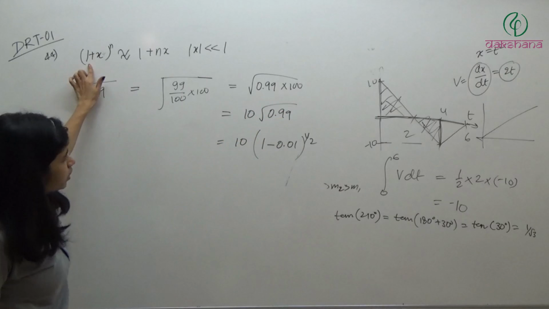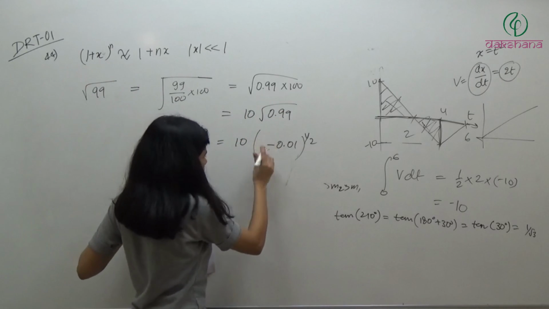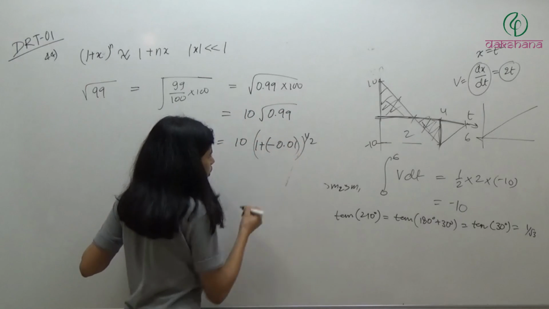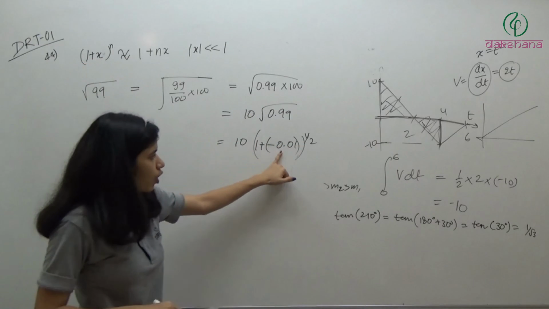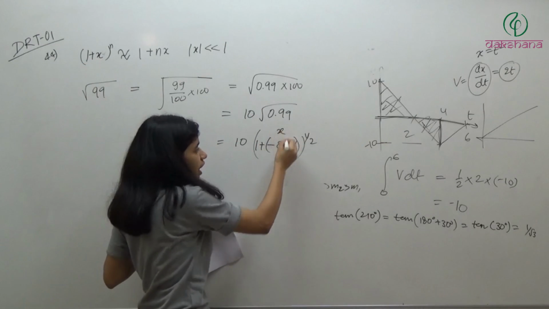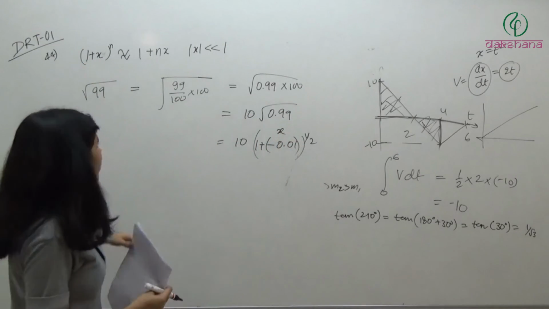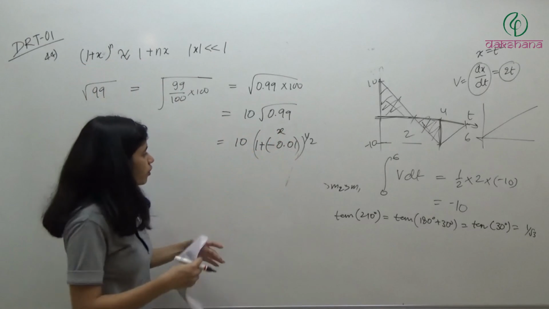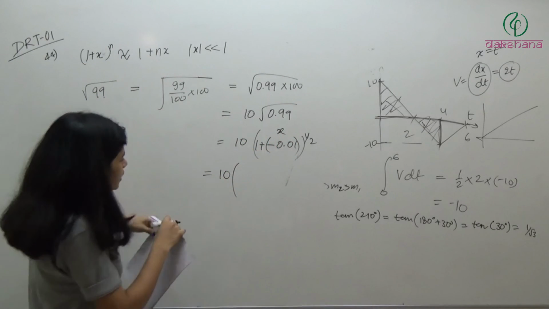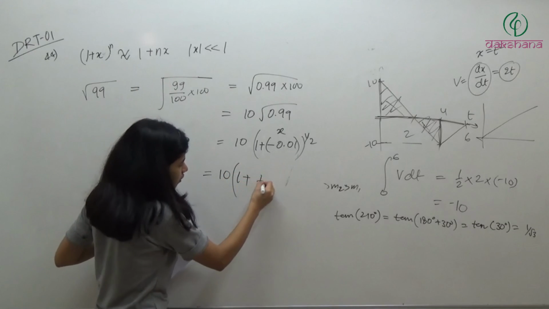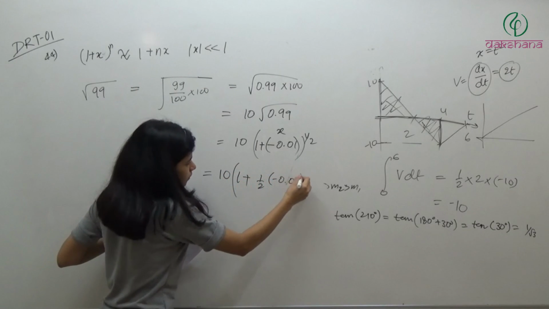Now we have 1 plus minus of 0.01. In place of x we have minus 0.01, and in place of n we have half. So I can write 10 into 1 plus nx. So n is half, x is minus 0.01.